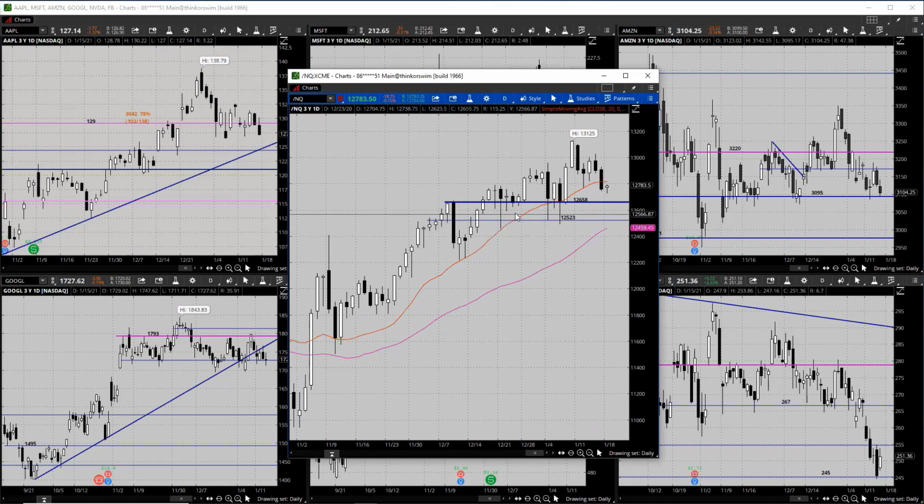Look how many times we tested it. Went below it, but we closed back above it. All these dips we were able to hold the 20-day moving average. And finally, on Friday, we closed below it. It really opens up the door because I think we will be moving lower here on the NASDAQ.